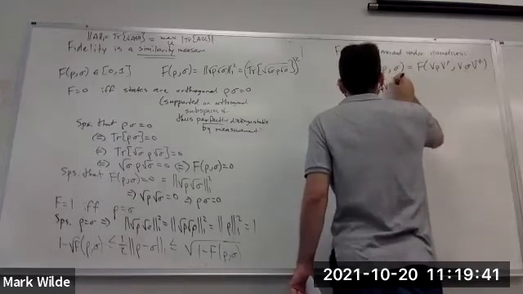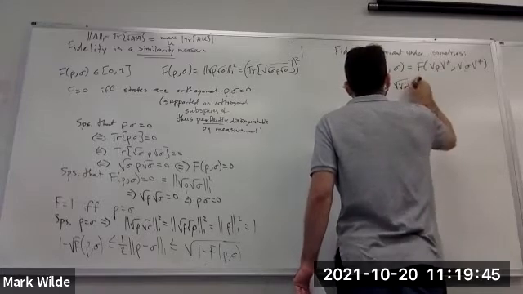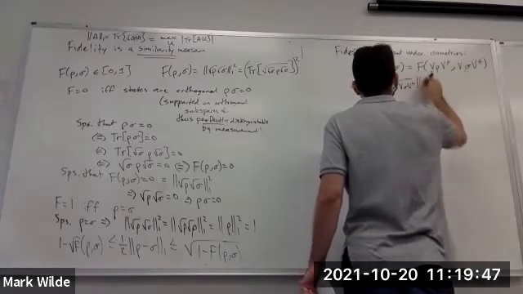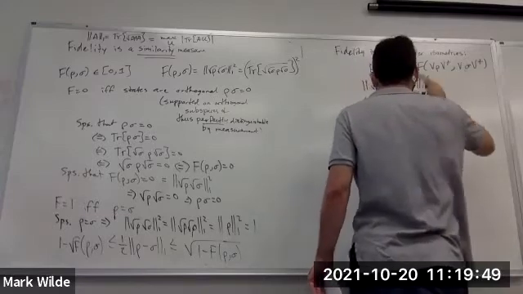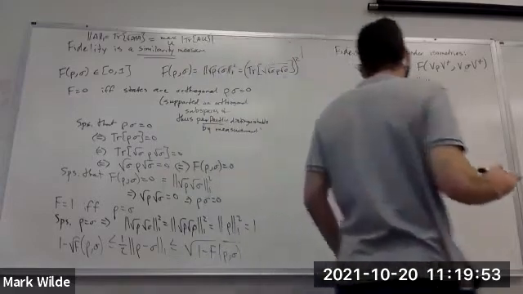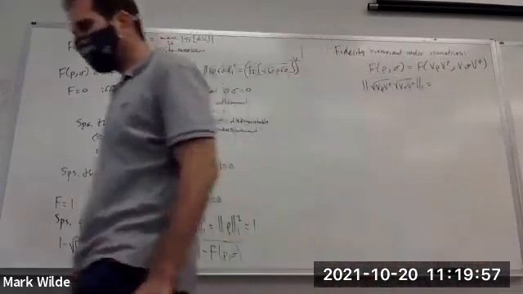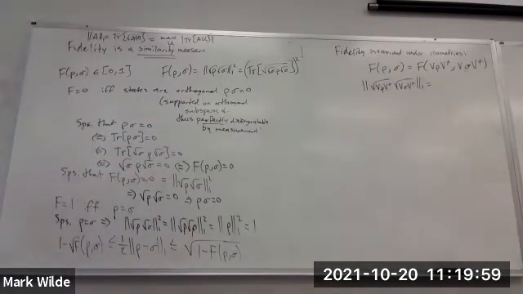Square root of V rho V dagger. Again, in the calculation, I'll just not write the square at the top. Okay. The square root of an operator, that's the square root of the eigenvalues, right? Under an isometry, the eigenvalues don't change, you just change the basis.